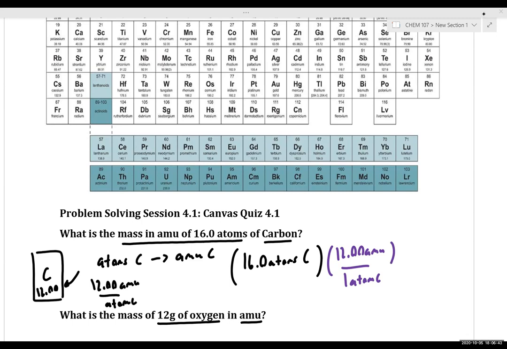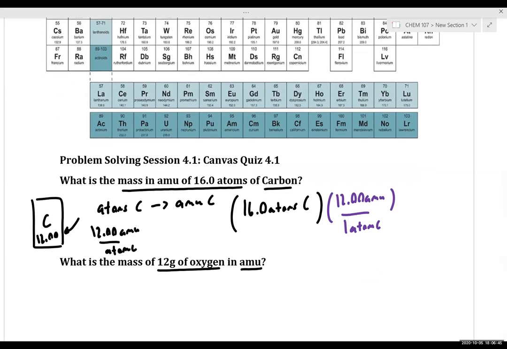And that in turn gives us 192.0 AMUs. Does this first example make sense? Does this first example make sense to everyone?